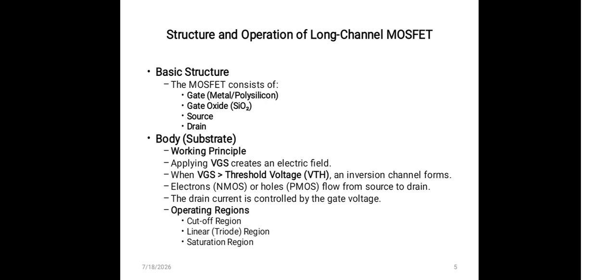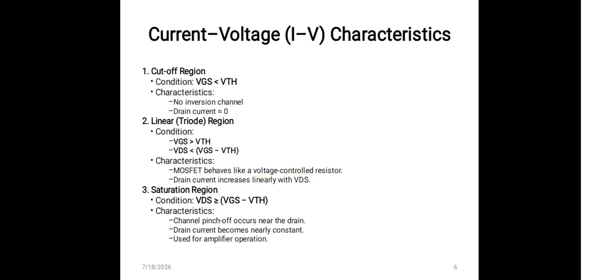Once the channel is formed, applying drain voltage allows current to flow, and the gate voltage controls how much current flows. Depending on the applied voltages, the MOSFET operates in 3 different regions: one is the cutoff region, another one is the linear, also called the triode region, and another one is the saturation region. Each region has different applications, which we will discuss next.